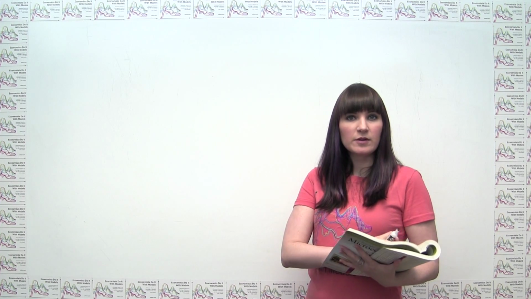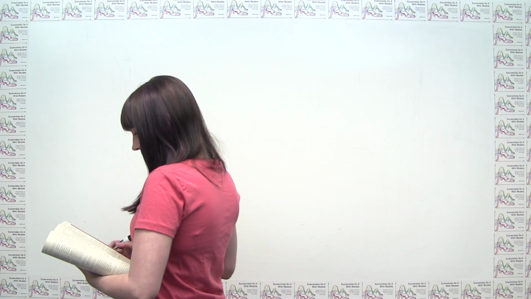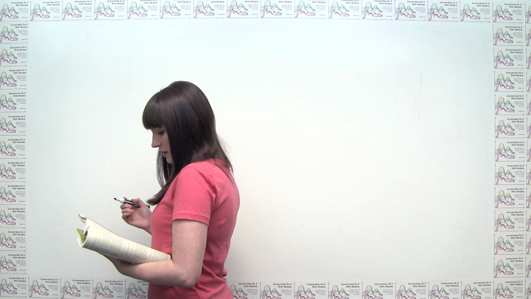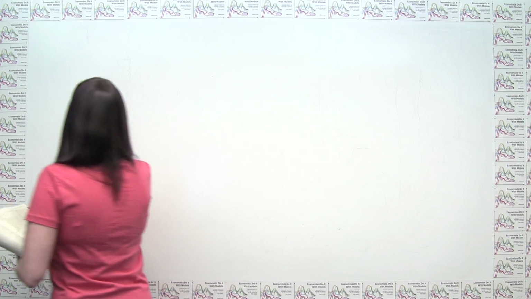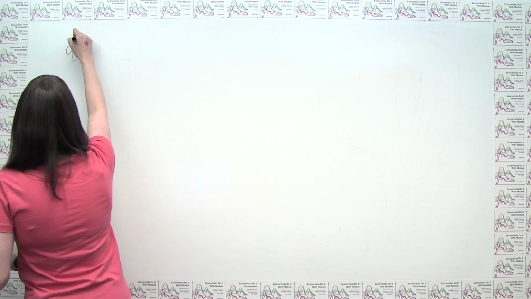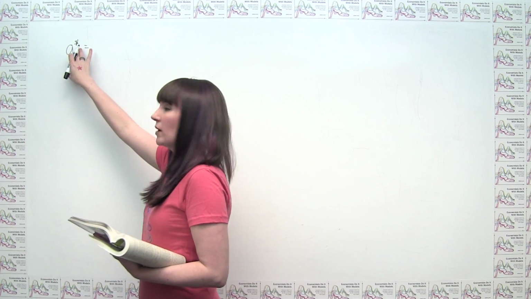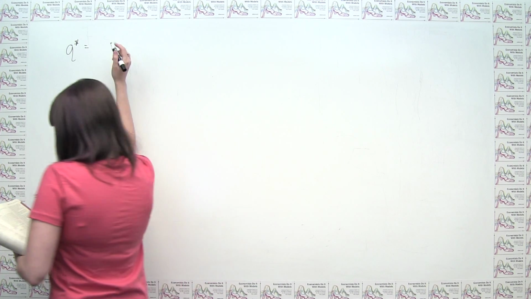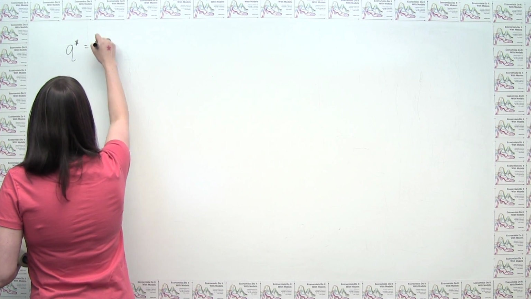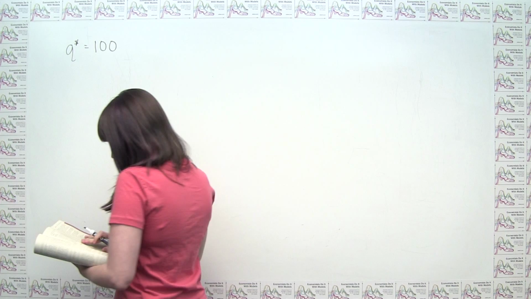So we can write down what we have, and then we can see how we can answer the questions that are going to be asked. Here it says currently producing 100 units of output. So I'll put little q for individual firm output, star, because we'll assume that they're currently producing the quantity that's profit maximizing for them, which we indicate by a little asterisk here. So they're producing 100 units of output.